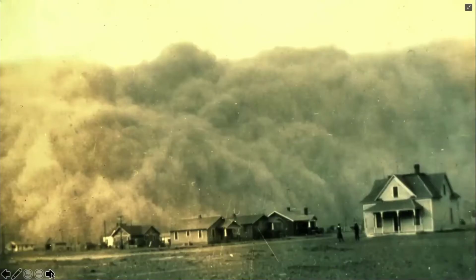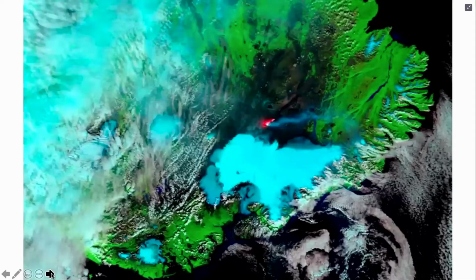And these are different aspects of pollution, both anthropocentric and non-anthropocentric. This is a volcano outbreak seen from the NASA station.